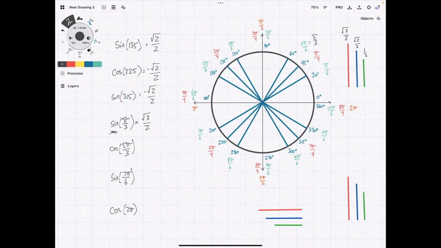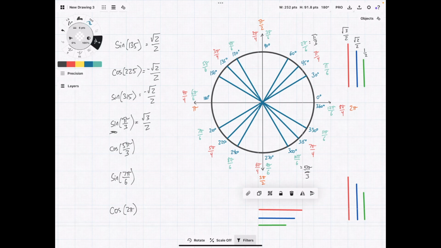Next question. Cosine of 5 pi over 3. That is actually this one. So 10 pi over 6 goes down to 5 pi over 3. So we know where we're at, and now we need to find the x-coordinate because this is cosine.